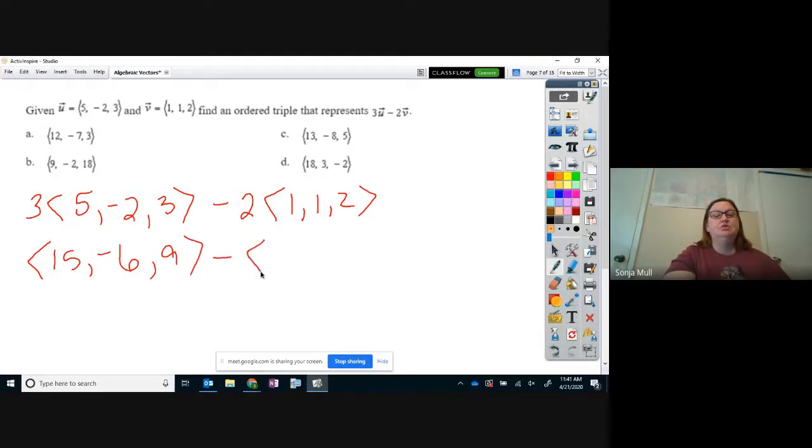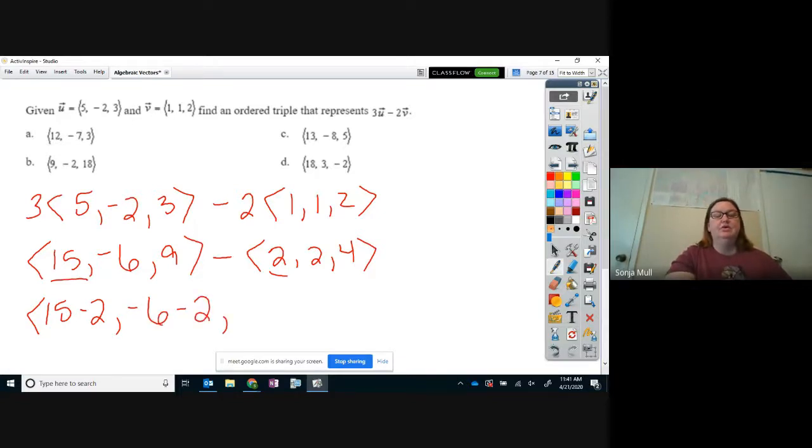Then I distribute the 2 over here, but not the negative, so this becomes 2, 2, 4. When I combine these, 15 minus 2 is the x component, negative 6 minus 2 is the y component, and 9 minus 4 is the z component, giving me 13, negative 8, 5.